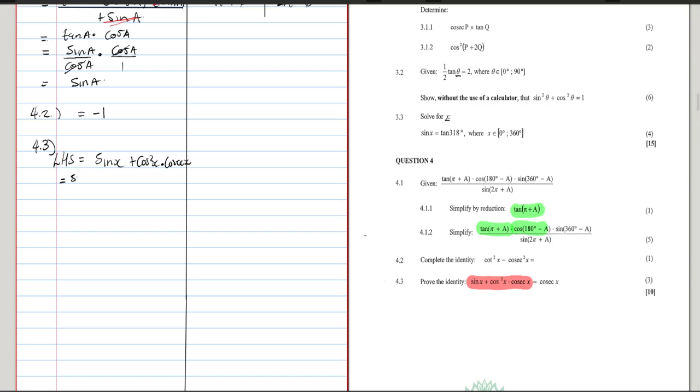This equals sine x plus cos squared x multiplied by, so we change cosec to its inverse, which is 1 over sine x. So we get sine x plus cos squared x over sine x, then divide this by 1, and then we apply the butterfly method.